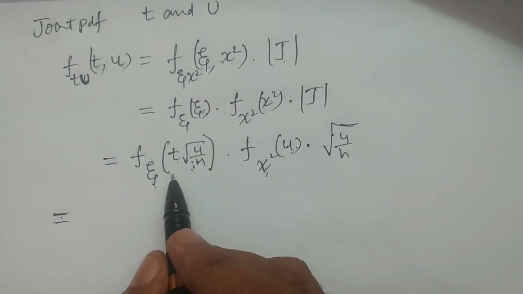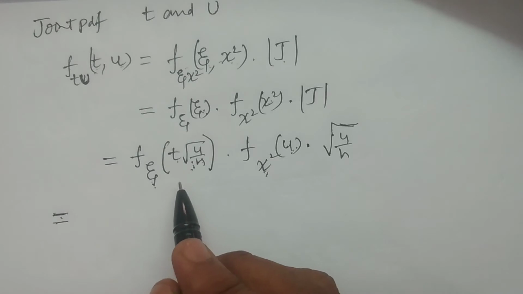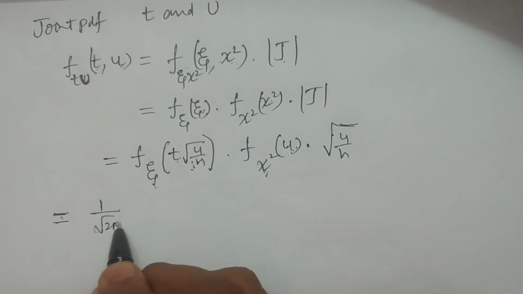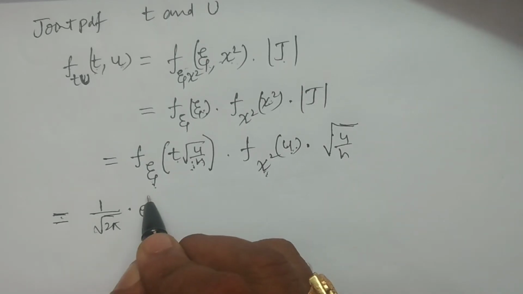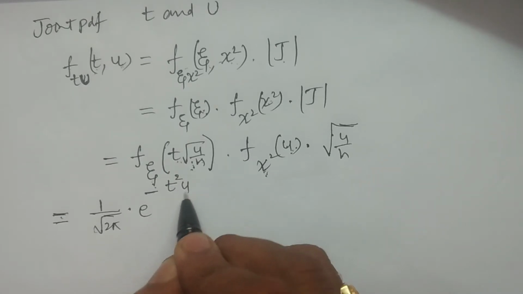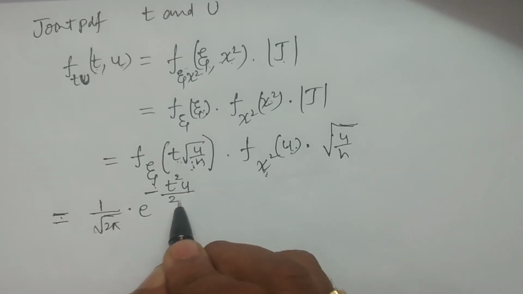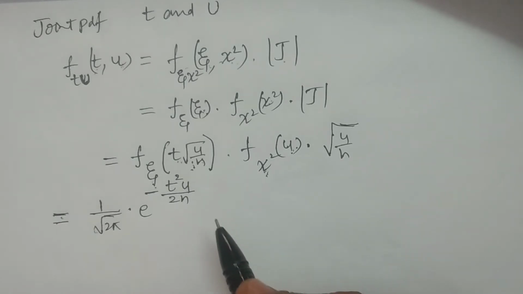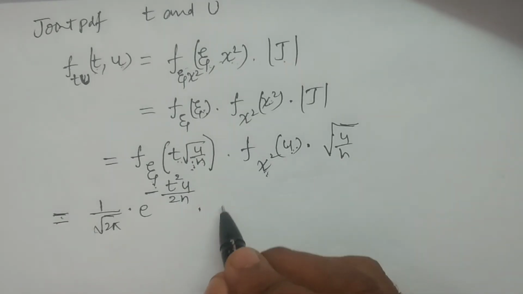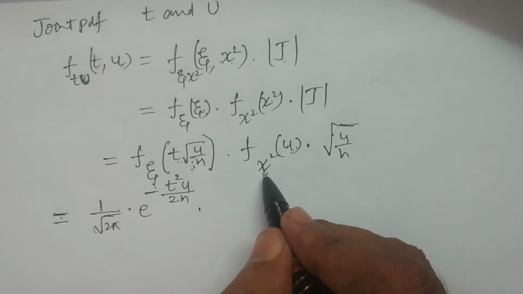The PDF of xi is 1 by root 2 pi e power minus xi square by 2. In which we have to transform this: 1 by root 2 pi into e power minus xi square, where xi is t into root u by n whole square, that is t square into u divided by n, multiplied by 2. So 2n.